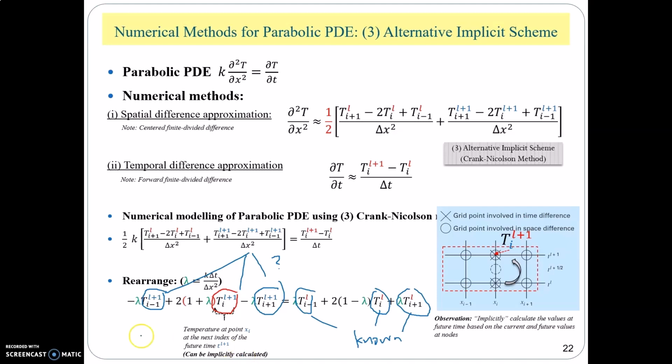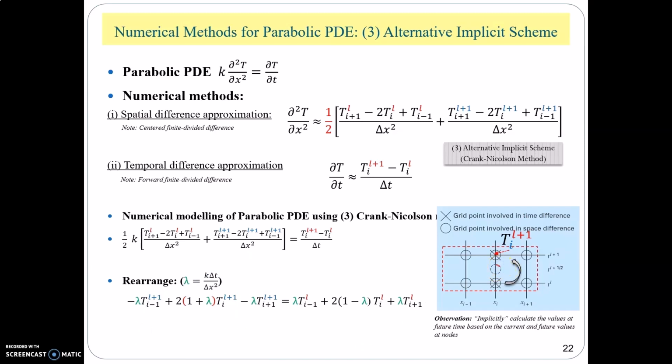It is worthwhile to mention that you have one additional computational molecule here at L plus 1 over 2. So what is this? Previously, by using the explicit formula, which is this formula alone, you approximate the d squared T over dx squared by using these 3 temperature information, which is located here at T(L).